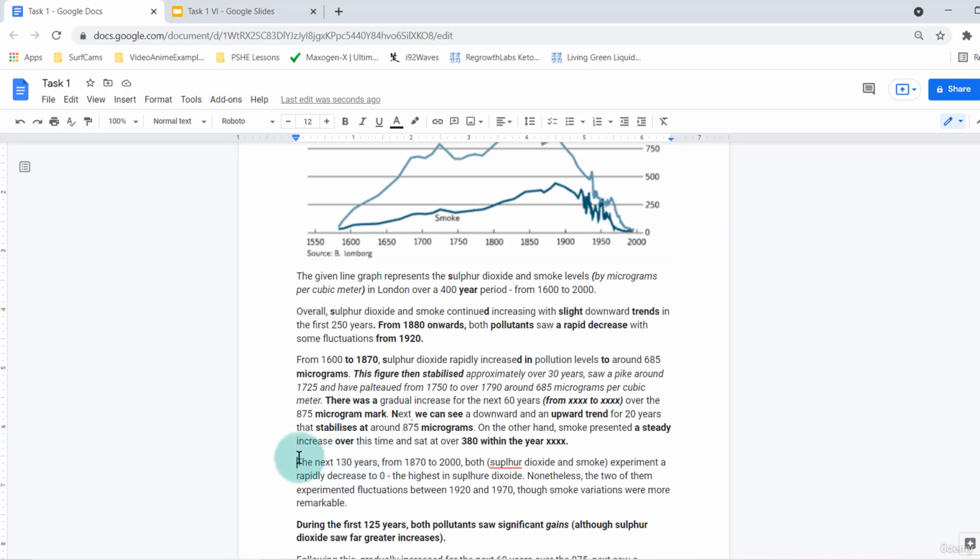The next, over the next, so straight away, over the next 130 years.